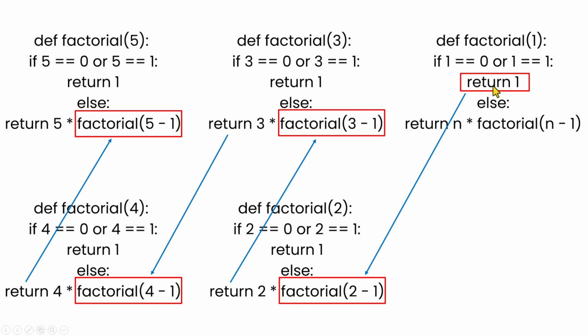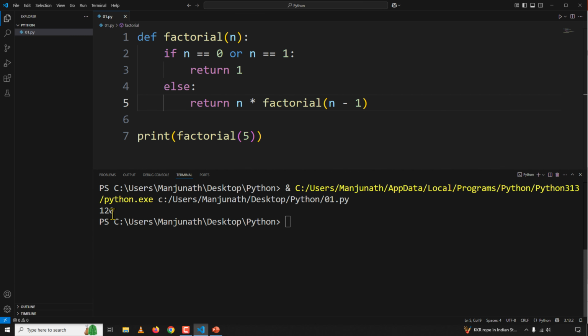When the base case is satisfied, the recursion stops. And this is how we have 120 here. All right, this is how recursion works. If it is still confusing, please watch the video once again and it will make sense.